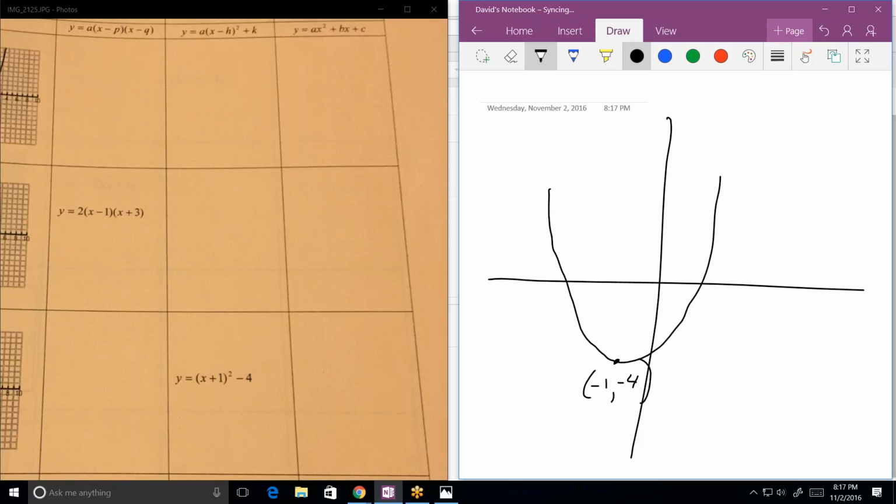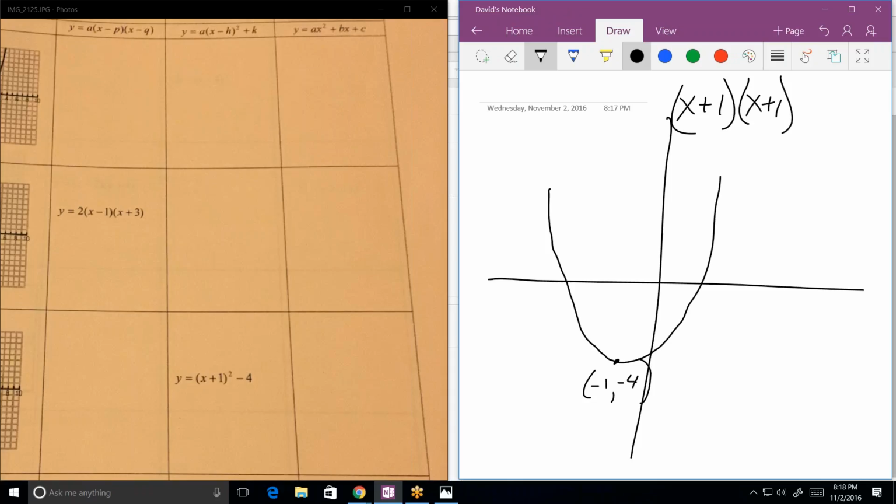They want us to put it into x-intercept form. First of all, let's put it into standard form because that's easy. How do we do that? Well, it'd just be x squared plus 1 minus 4, right? No. Remember what you're doing: you're taking x plus 1 times x plus 1. What does that give you?